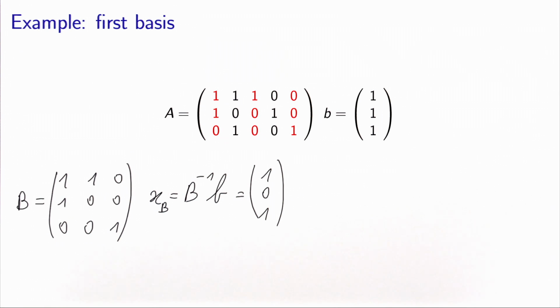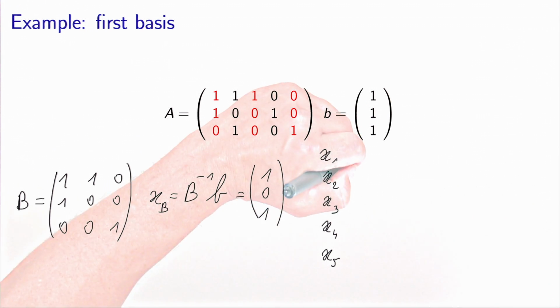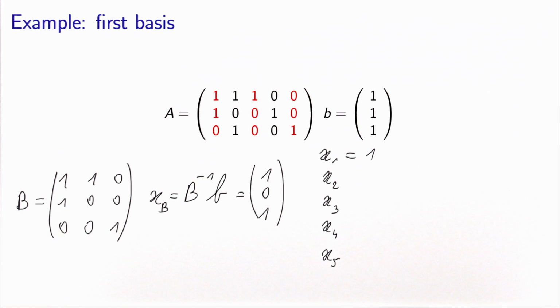So what is the value of x? So we have x1, x2, x3, x4, x5. Now we have calculated the 3 basic variables, which are x1, x3, and x5, so x1 is equal to 1, then x3 is 0, and then x5 is 1.